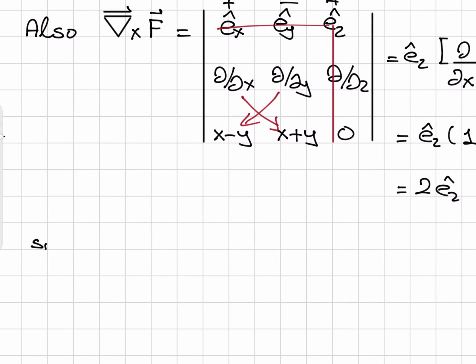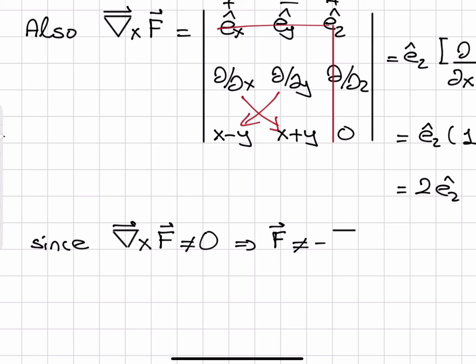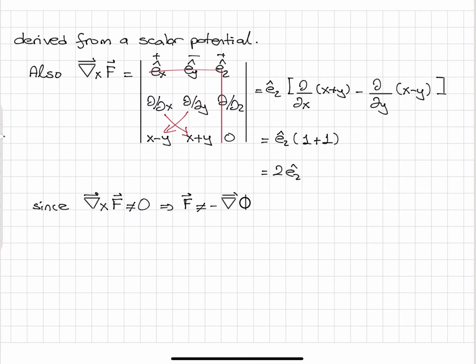So since we know that the curl of a gradient is 0, the curl of F being non-zero implies F cannot be written as minus the gradient of a scalar potential. This is an important result.